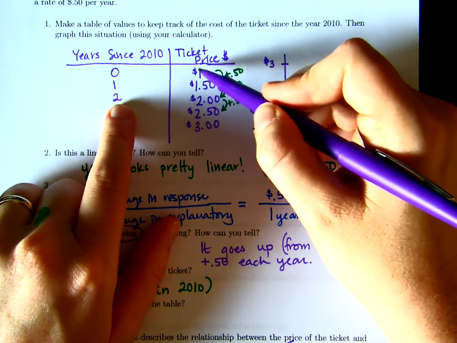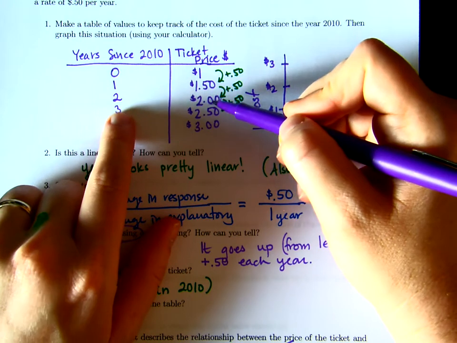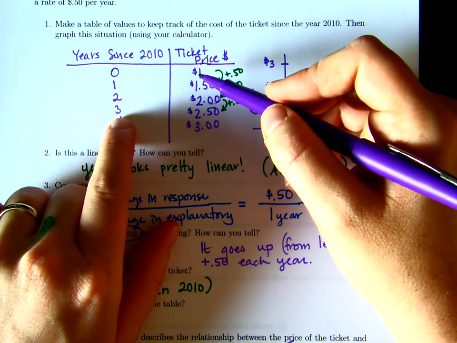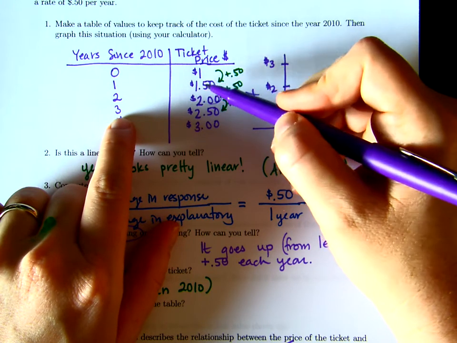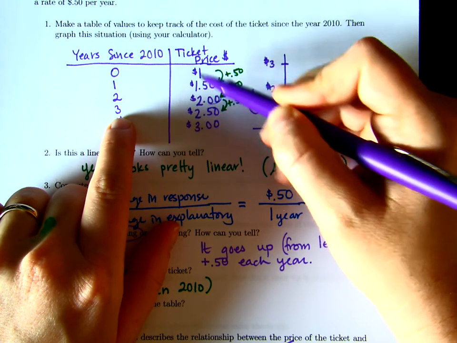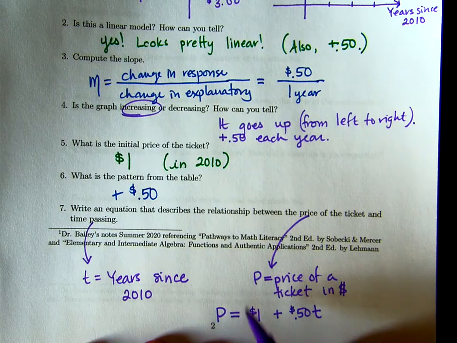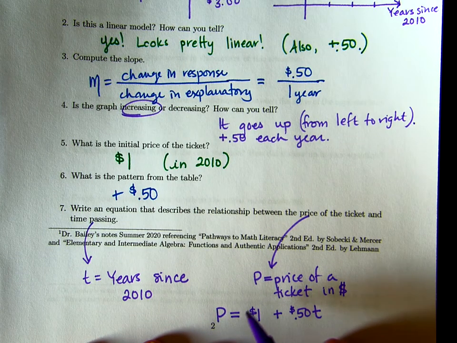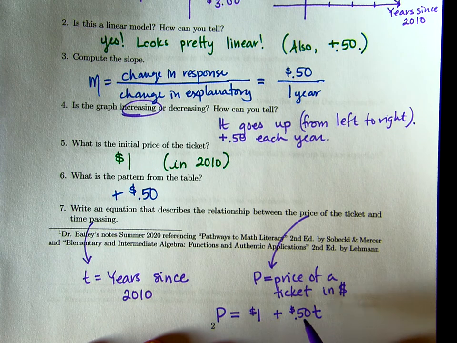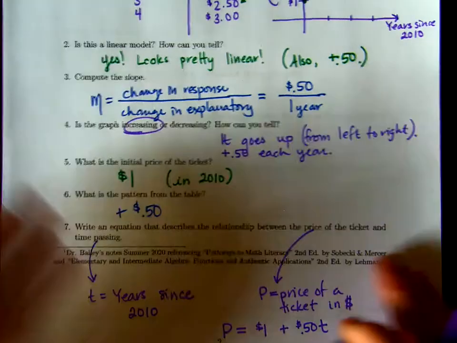Here 50 cents was added 2 times to the dollar. In 2013, 50 cents was added 1, 2, 3 times to the dollar. Okay, so I'm interpreting that into an equation here. The price is equal to $1 plus 50 cents added t times for each year.